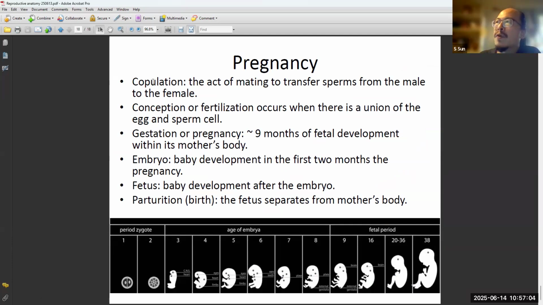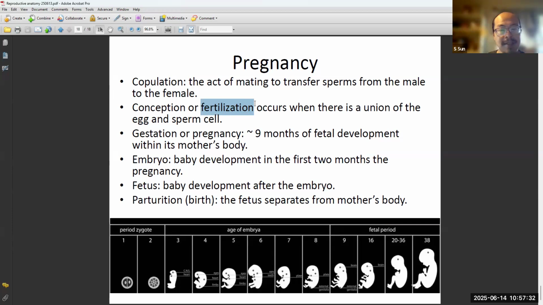We have the copulation. This is a term to describe the sex conduct to transfer sperm from male into the female. Then conception, fertilization. When I ask about fertilization, it's not exactly copulation, but these two must occur. Fertilization refers to a successful sperm meeting the egg.